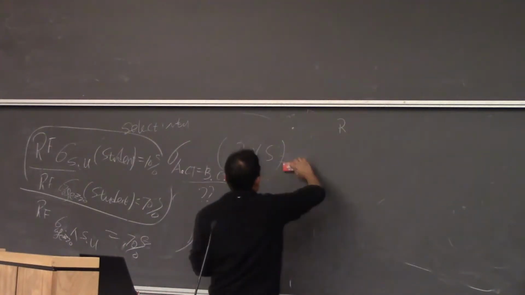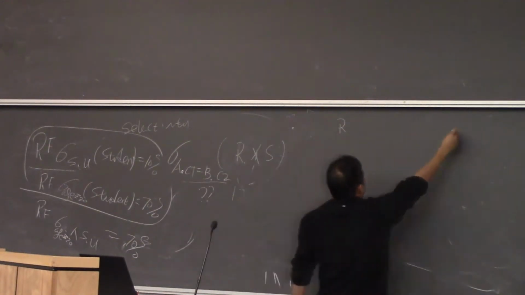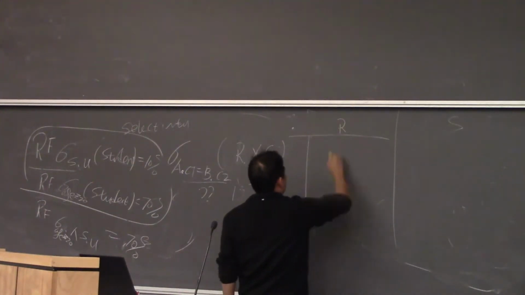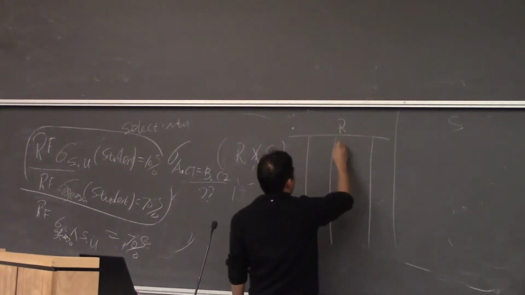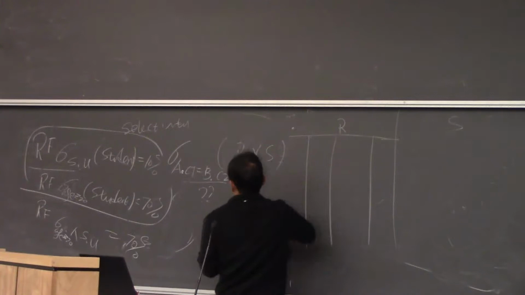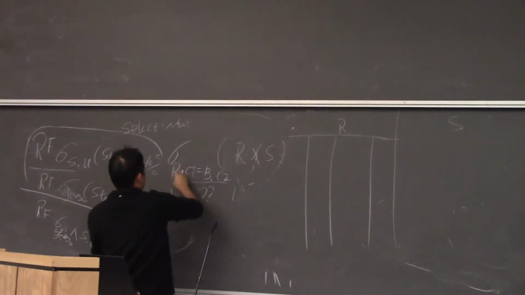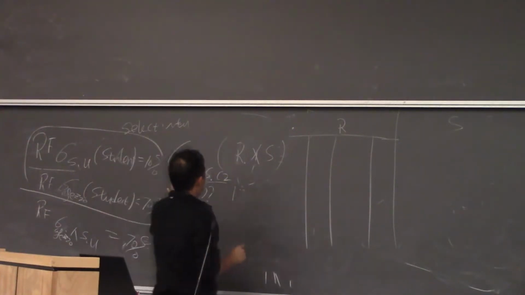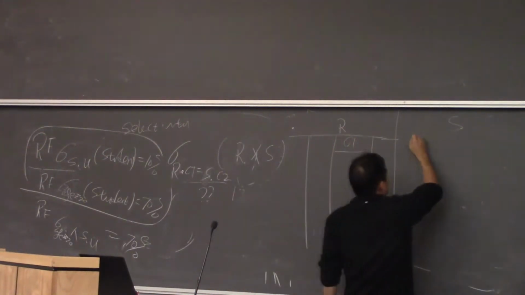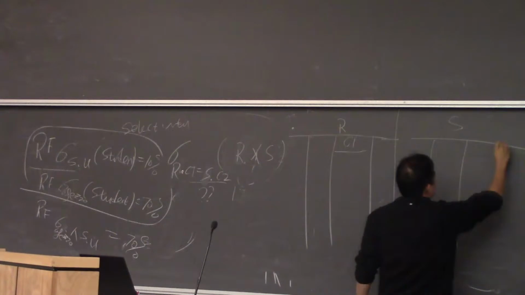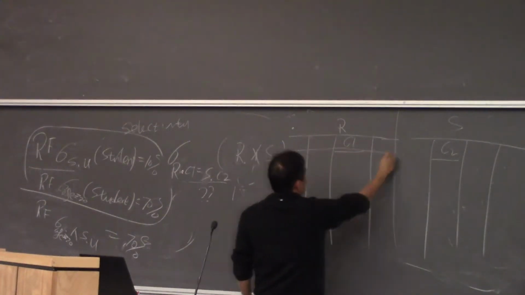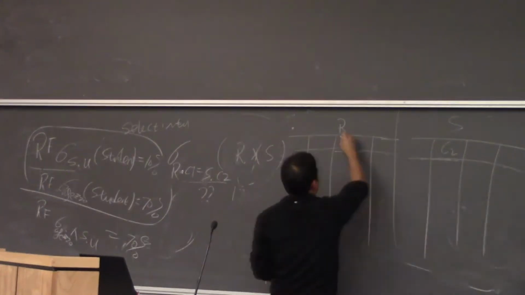R cross S, R and S, two separate tables. R may have multiple columns. Table R has a column C1, and table S must have somewhere a column C2. I may have additional columns, but these are the two columns I care about.